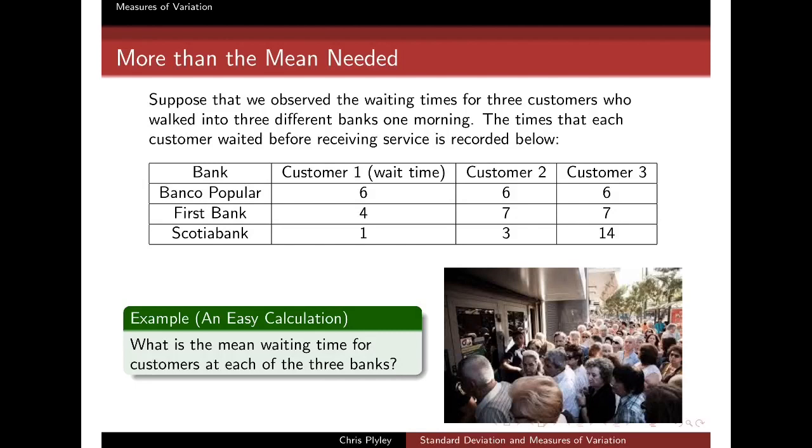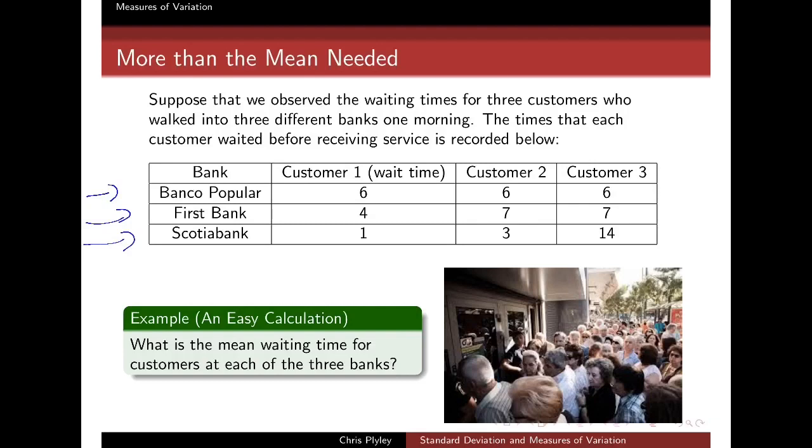Okay, so what is standard deviation or variance about in general? Let's take a nice simple thought experiment, and let's think about three banks that are popular on this island. We have Banco Popular, First Bank, and my bank, Scotiabank. Let's suppose that I went into the bank one day and counted the number of minutes that it took the first three customers to be served at each of these banks.